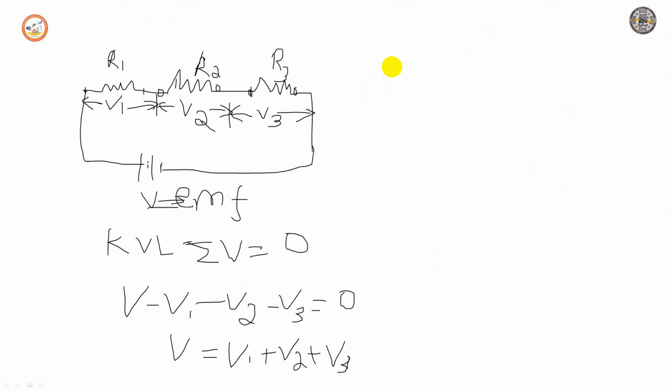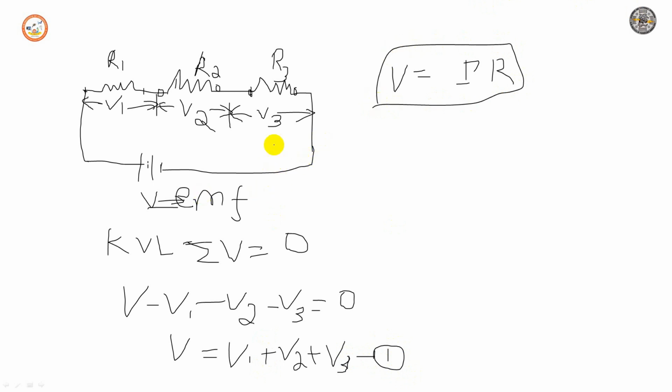Ohm's law states that V is equal to IR. Let me call this equation 1, and apply Ohm's law to equation 1.